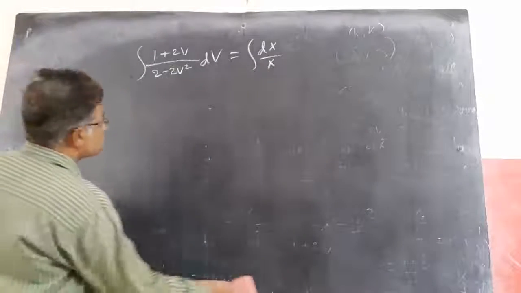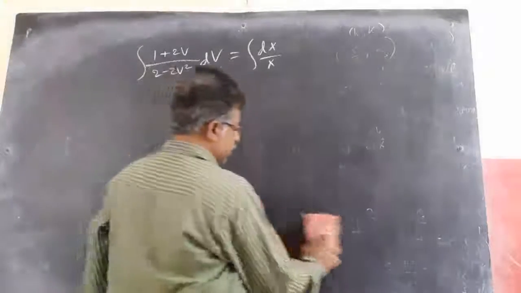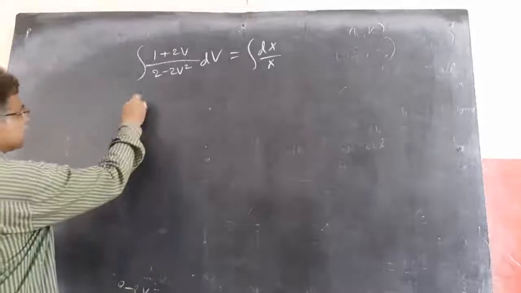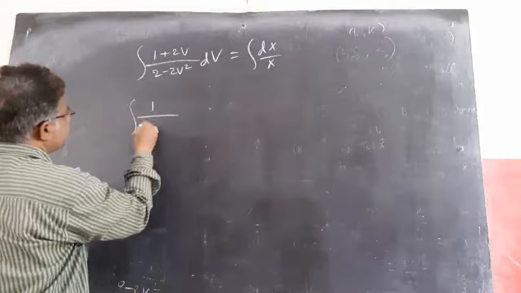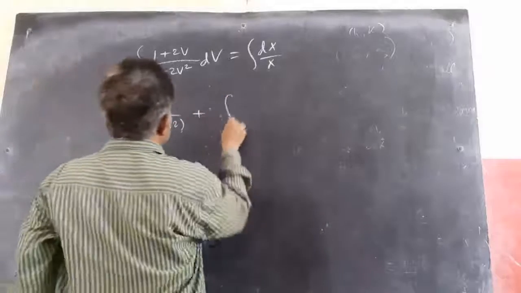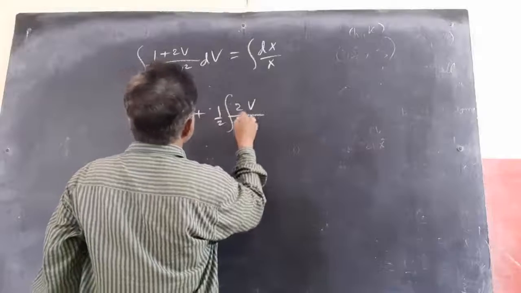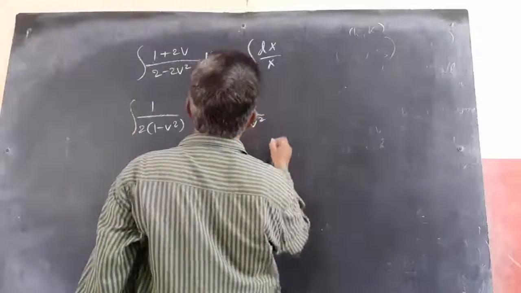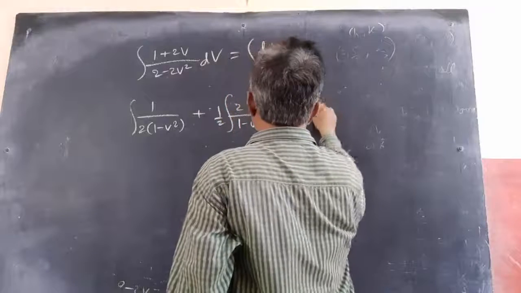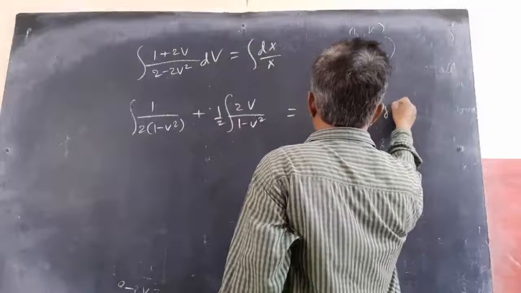You can split it into two parts, 1 by this plus 2v by this, then only you will get f dash x by fx. So this is the integral of 1 by 2 into (1 minus v square) plus 2v by 2 into (1 minus v square), equal to the integral of 1 by x, which is log mod x plus log c, also you can write, doesn't matter.